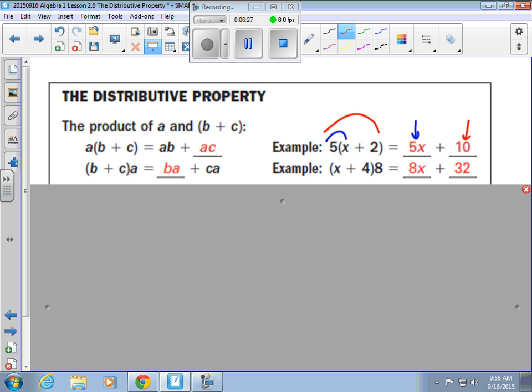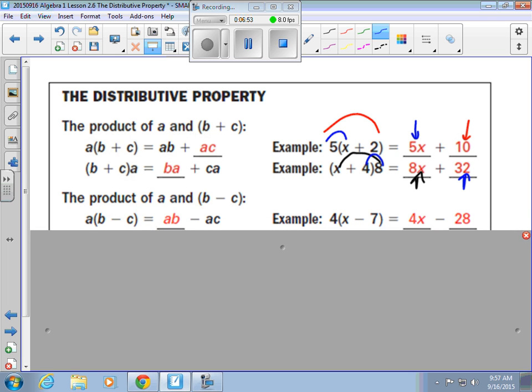When it's written as addition, but it's after it, this is the one that people forget sometimes, not because it's hard, but it's just not how it's typically written. B plus C times A: B times A is BA, C times A is CA. Same thing with this one. 8 times x is 8x, and 8 times 4 is 32.